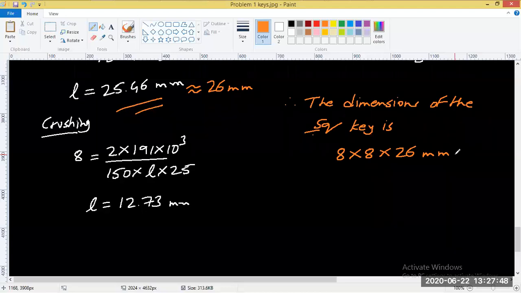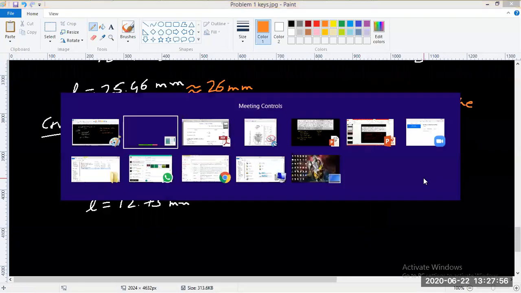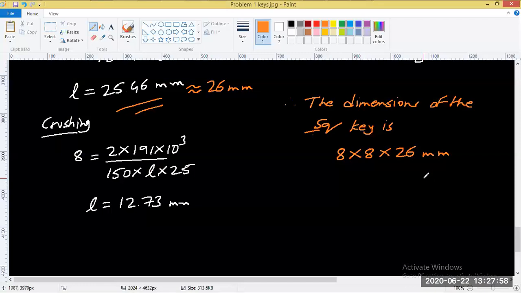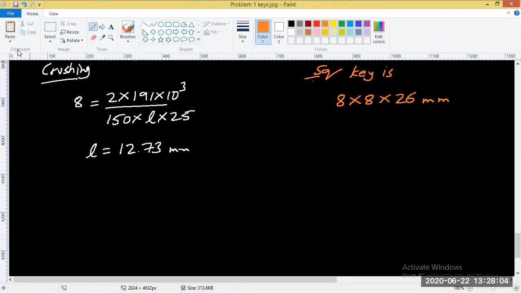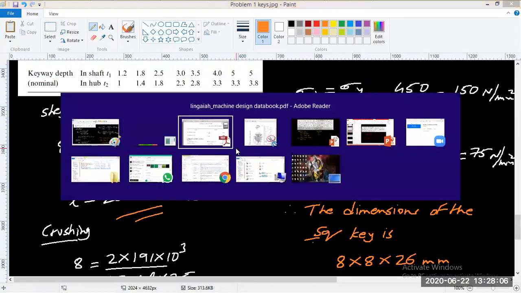So that will be the dimensions of the square key. That's how you can approximate this value. Okay, move on. Next problem.